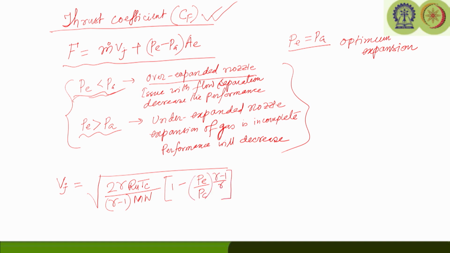That was the equation for Vj or the efflux velocity. We can write Ru by the molecular weight simply as R, because that will save some space in writing the equation. So, we can simply say R Tc by (gamma minus 1), and it will have (1 minus P by Pc) to the power (gamma minus 1) by gamma.